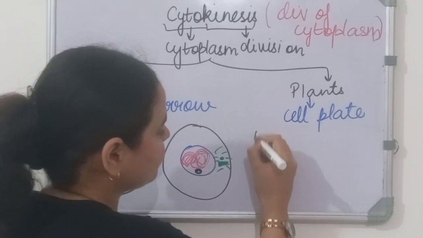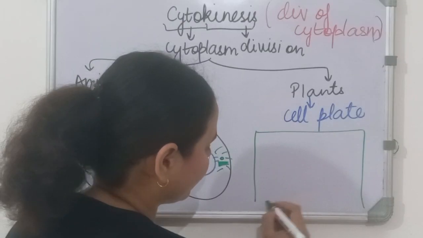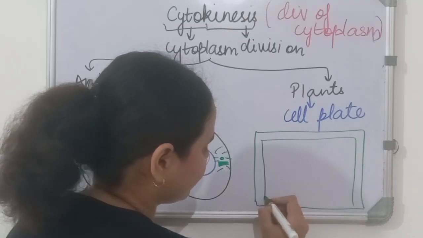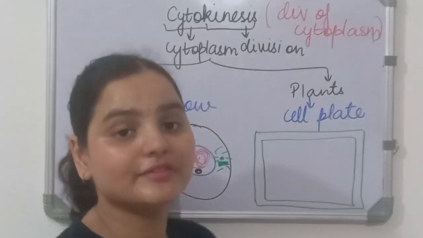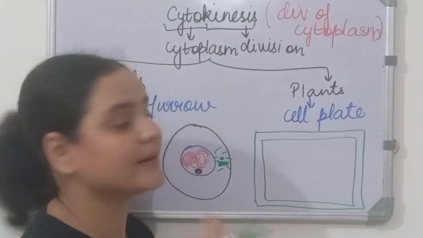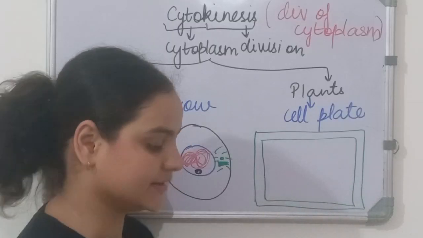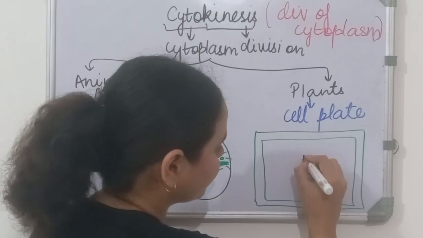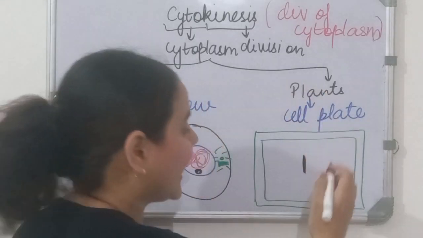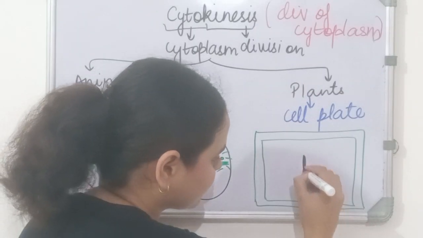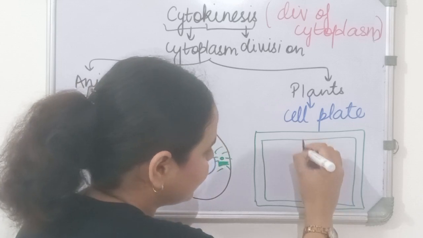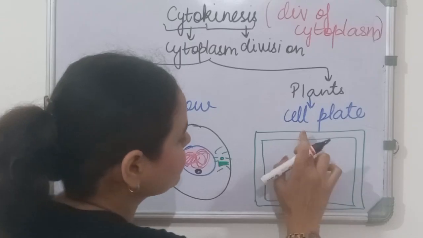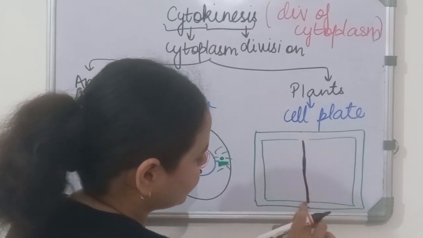Now see, in case of plants, we have cell wall, then cell membrane. In the telophase stage, we saw that a cell plate was being formed in the center. That cell plate grows outward from the center and joins the cell membrane and the cell wall. Here the two separate cells are formed like this.